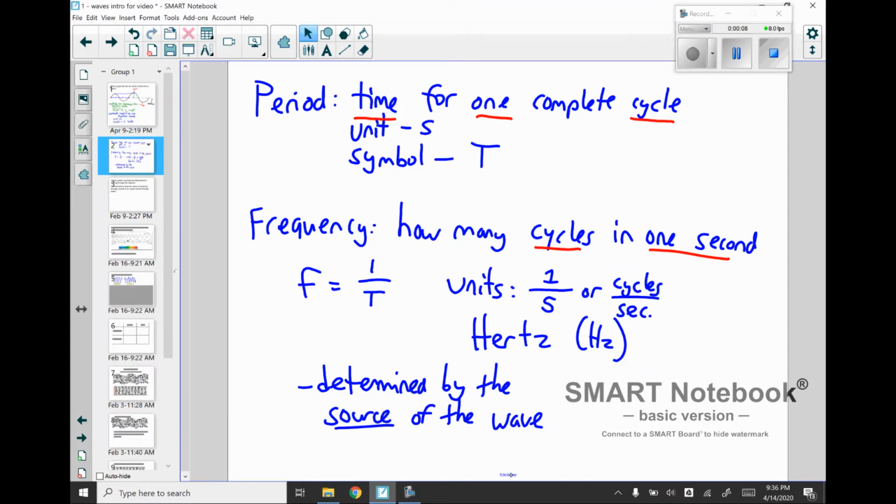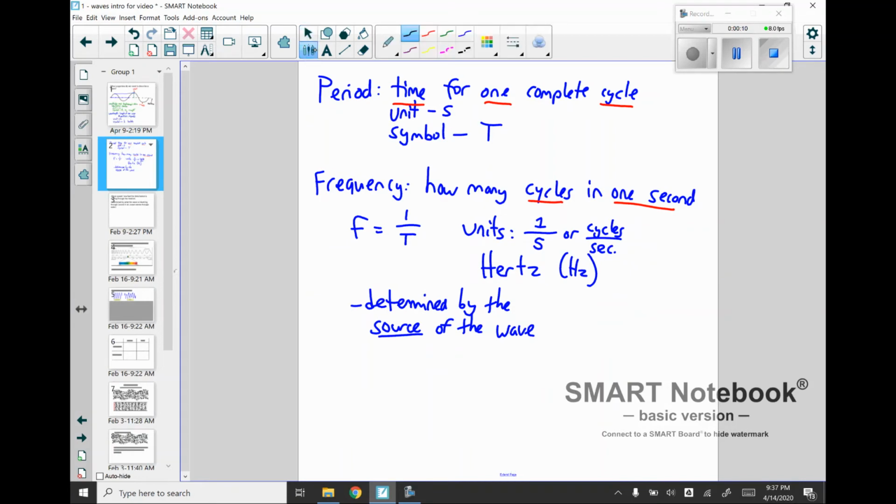So if we start from a very generic definition of speed as being distance over time, for lack of a better way to phrase it, and we think about distance and time in terms of the quantities we've just defined, our wave is going to move a distance of 1 wavelength in a time of 1 period, because a period is defined as the time for 1 cycle, and the wavelength is the distance until the points where the cycle starts to repeat itself.